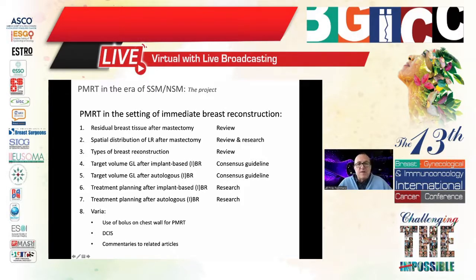The types of breast reconstruction, which is underway for publication. Target volume guidelines after implant-based, target volume guidelines after autologous, and then treatment planning once you have contoured according to the guidelines. And then some varia, for example, DCIS, or the use of bolus in the case of chest wall irradiation in post-mastectomy irradiation therapy, and a lot of commentaries.